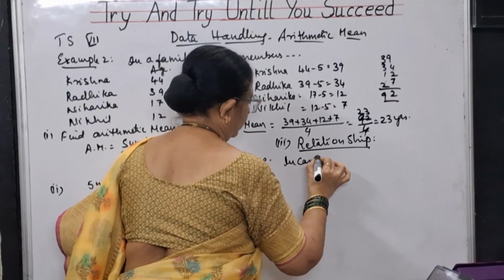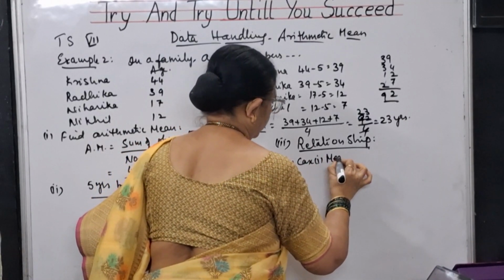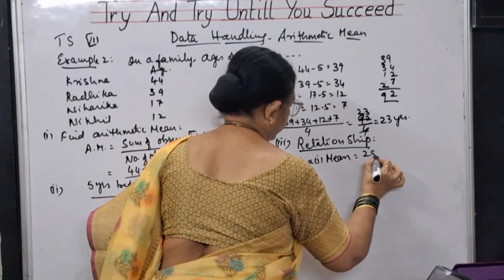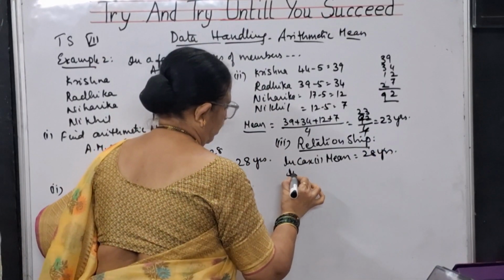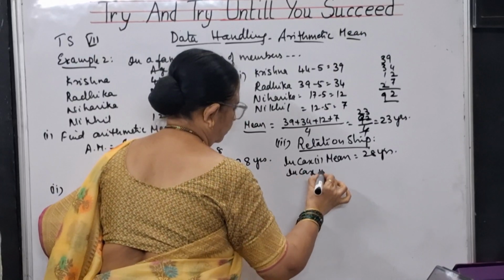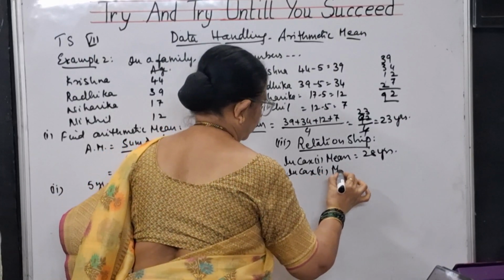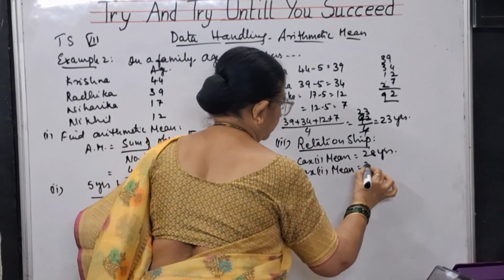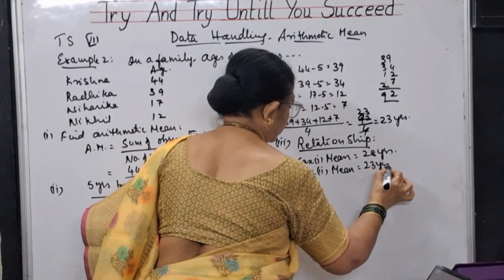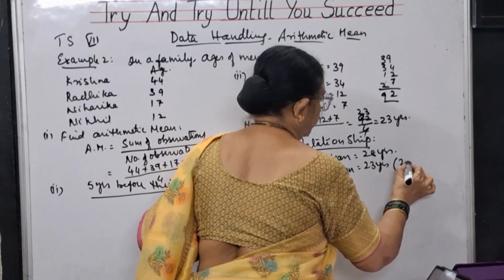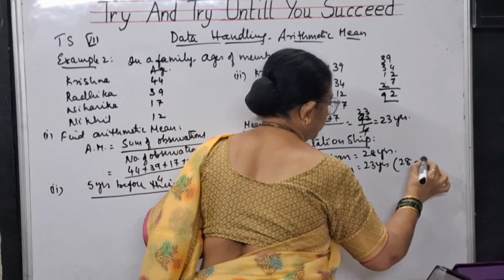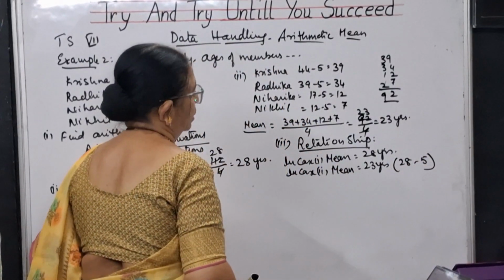In case 1, mean is equal to 28 years. In case 2, mean is equal to 23 years. How are you getting 23 years? From 28, if you subtract 5, you are getting 23 years.